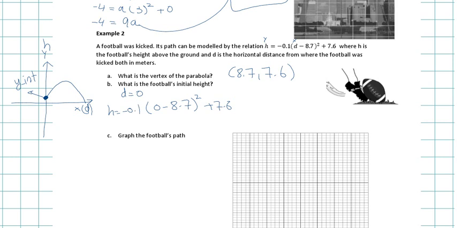If you're going to do this on the calculator, and you have a good calculator, you can enter it all together. Or if you don't have a good calculator, what do you have to do first? BEDMAS, right? You have to do your brackets, exponent, multiplication, addition.